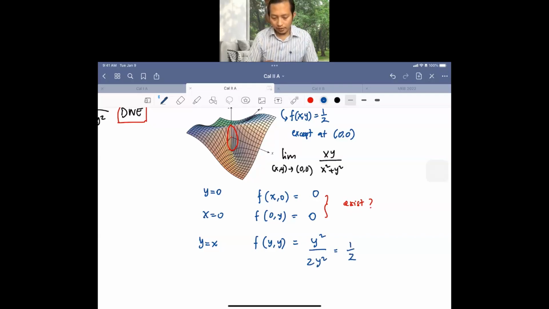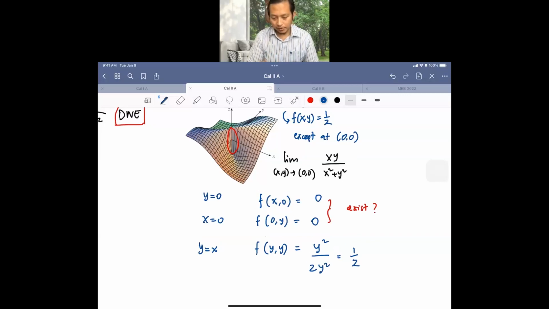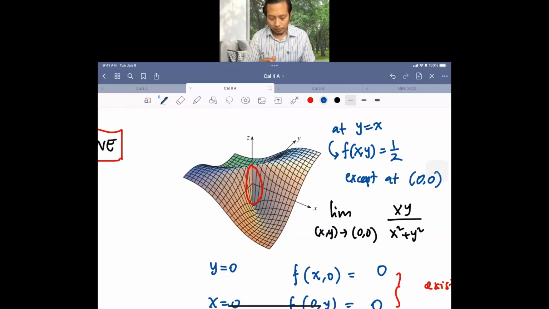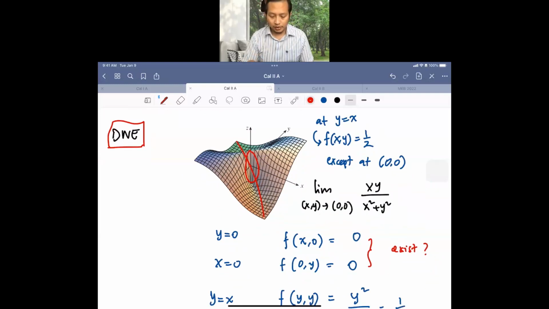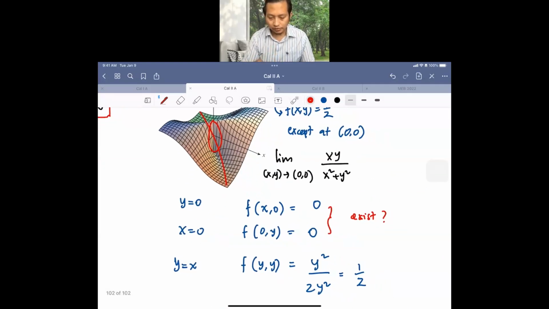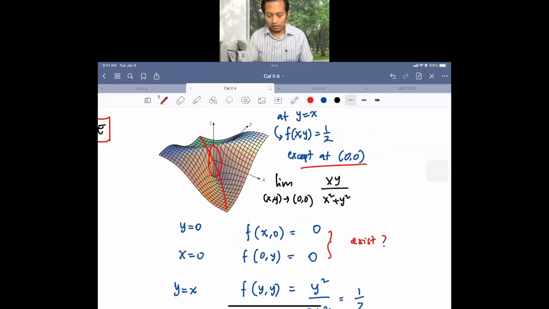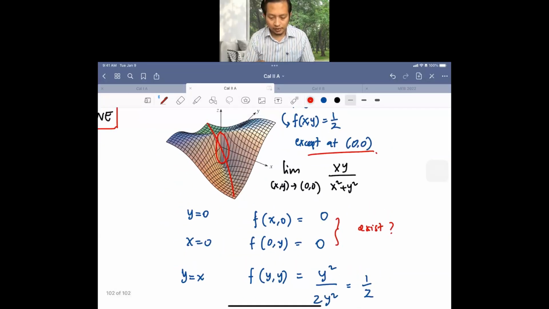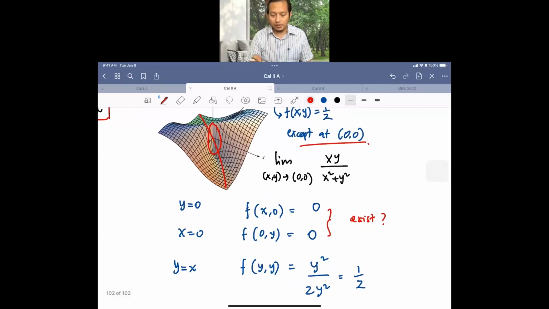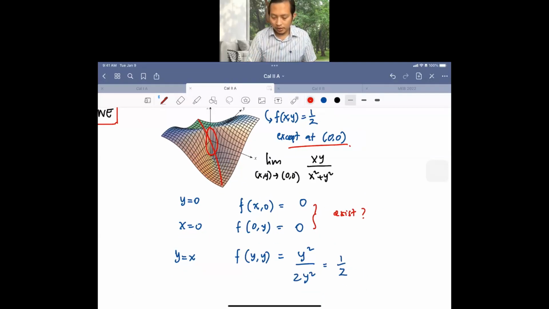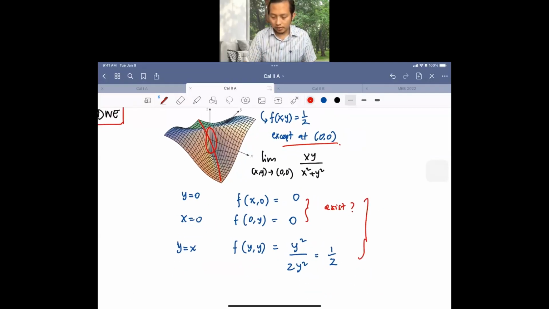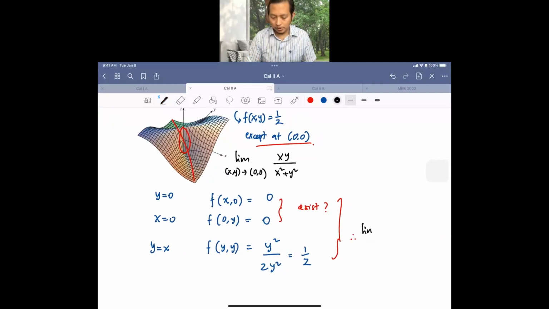Now if we look at y equal x on this graph, it will be around here, and you'll see that at (0, 0) it becomes undefined. So it doesn't exist. From this conclusion, this limit also doesn't exist.